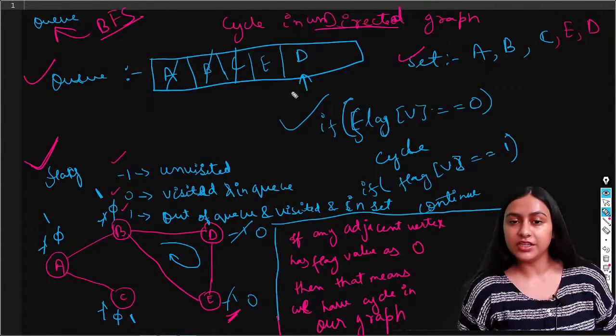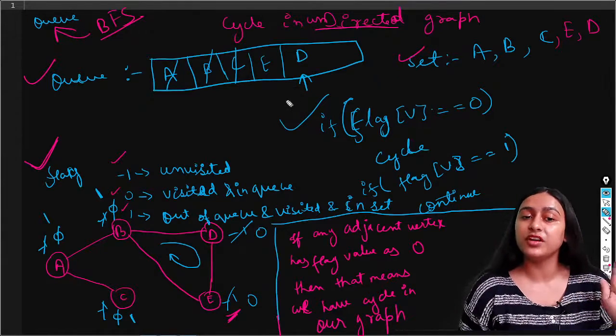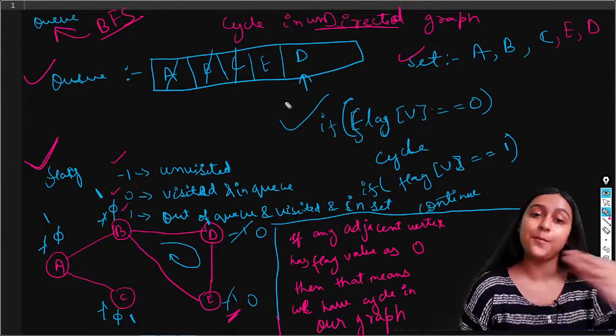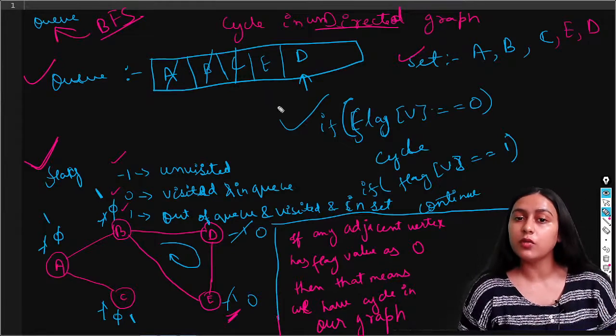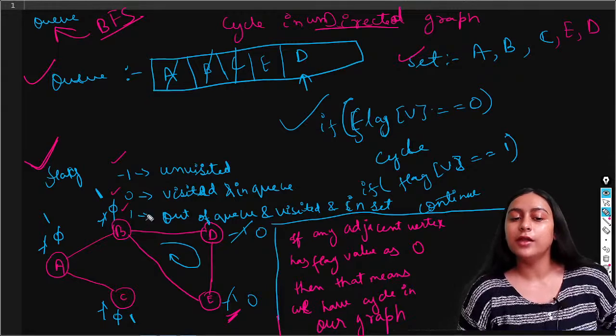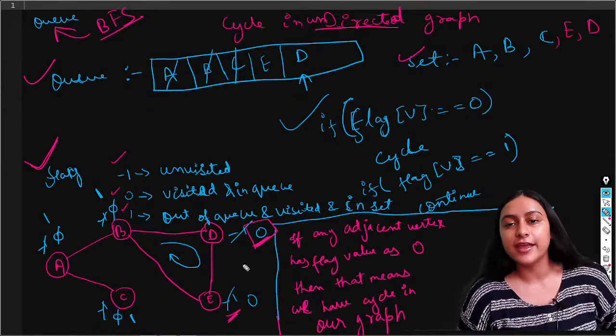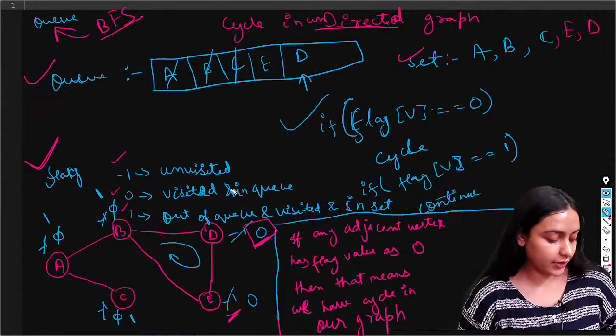If any vertex is already in the queue, that means it has already been the neighbor of some other vertex before E, and we know that D is already the neighbor of B. So when you find 0 as the flag value in an adjacent vertex, that means we have a cycle in our undirected graph.